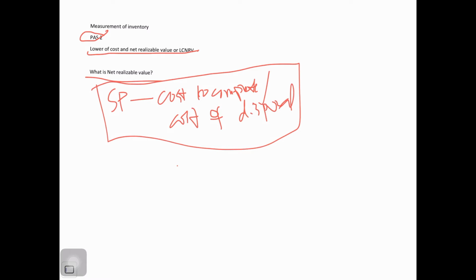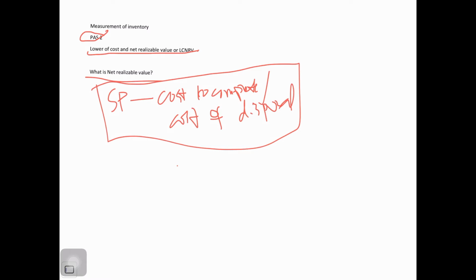So, why is it the lower of cost or NRV? Because if you can sell it at a lower price than your cost, then you should not record your cost as it is. You should record it at your selling price, at your NRV, because the NRV is lower. So, you should not record a cost greater than the NRV.